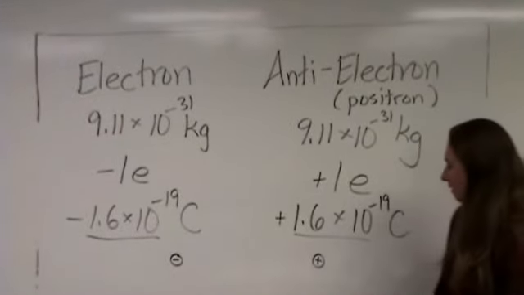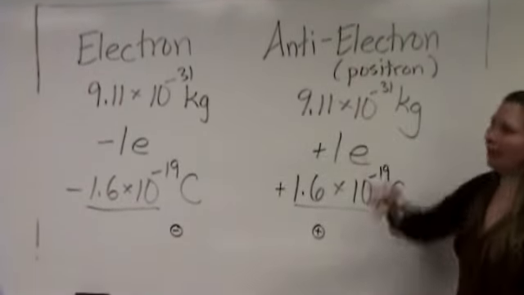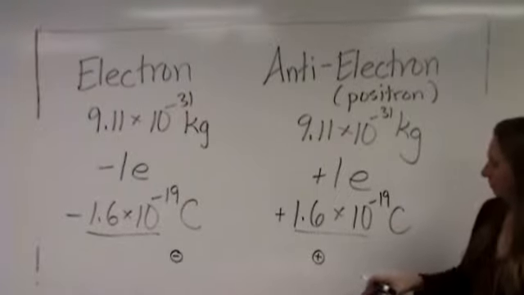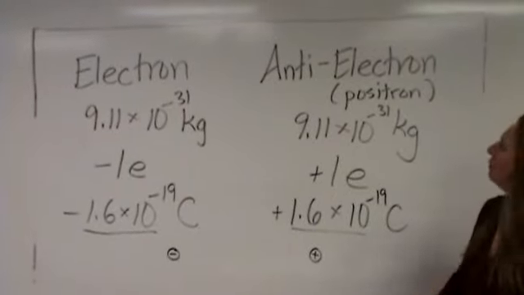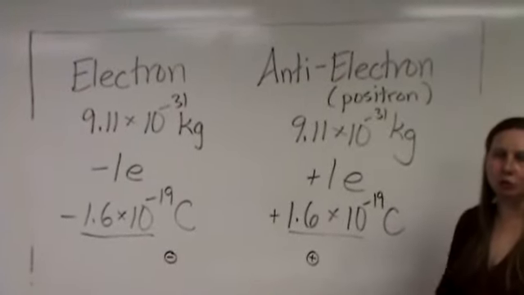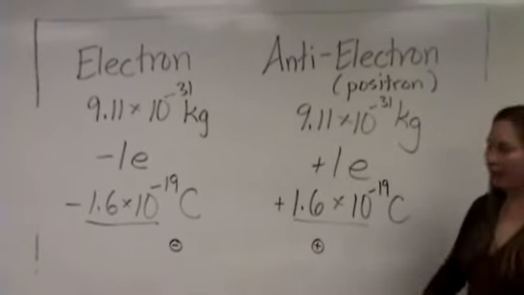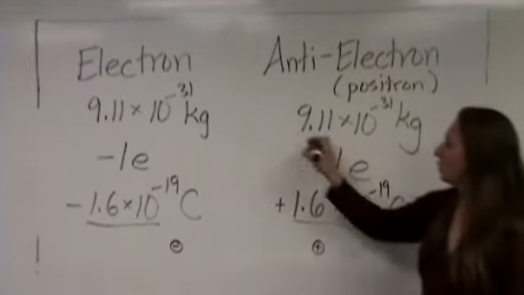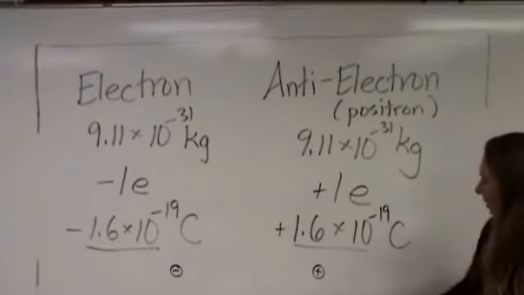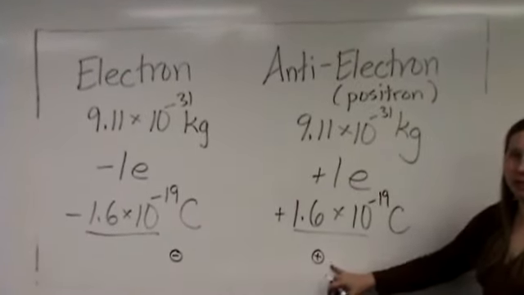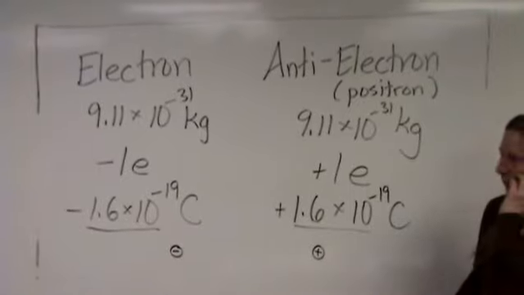Okay? So an anti-electron is also called a positron. He's called an anti-electron because he's little, has a small mass just like the electron. We call him a positron because he is positively charged. All right?